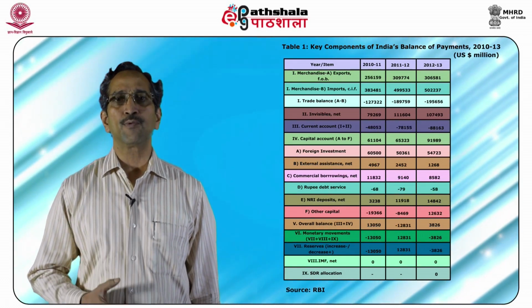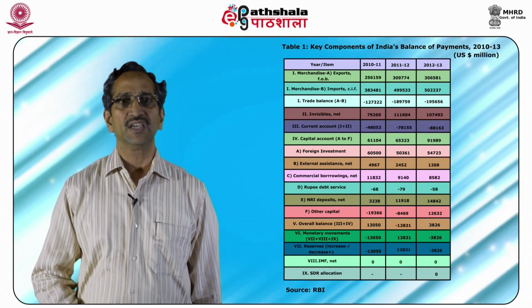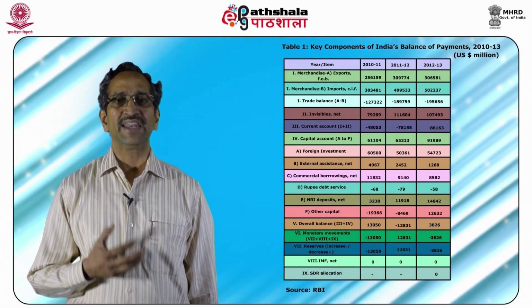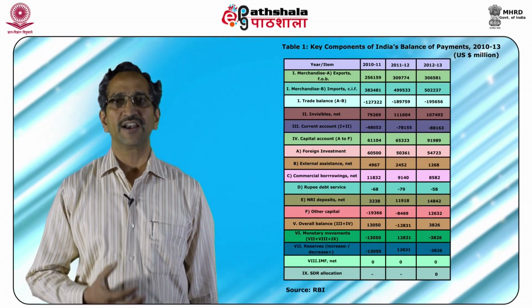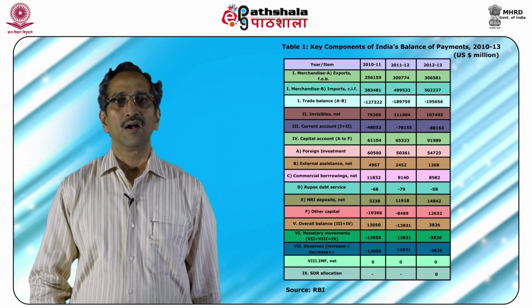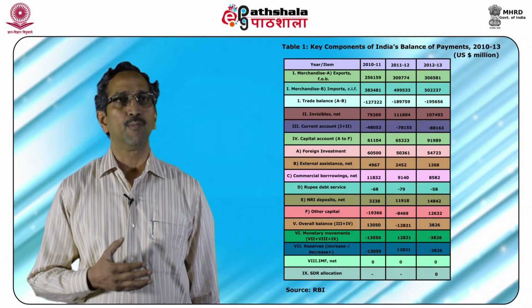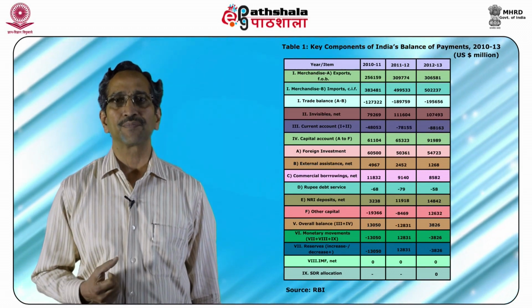The merchandise imports are greater than exports in the 3 years presented here, indicating a negative trade balance or trade deficit. The capital account includes foreign investment, both FDI and FFI.